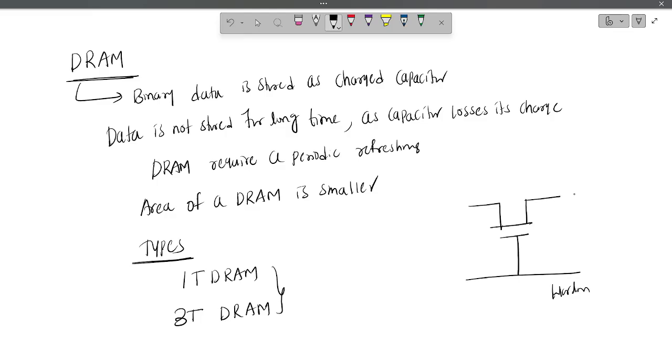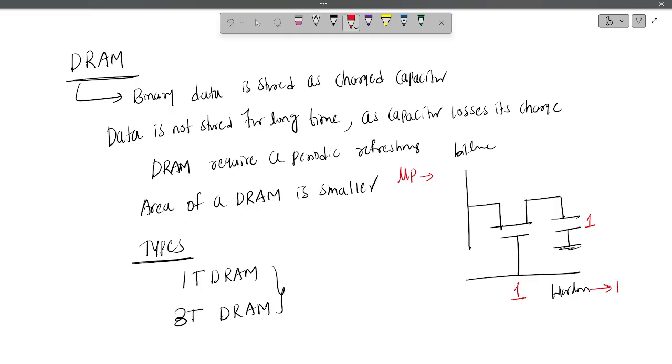And here you have one capacitor, and this is the bit line. Suppose for a read operation the microprocessor should read the data. If the capacitor is charged, means one will be available, so it will activate the word line.